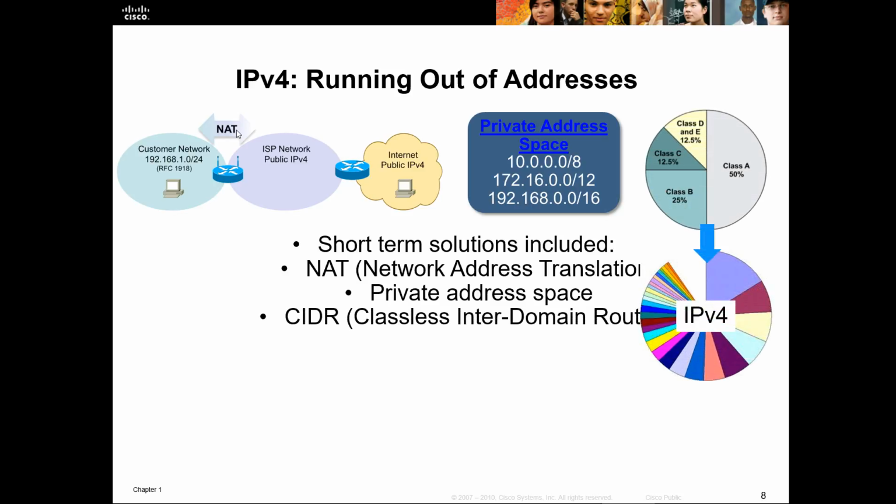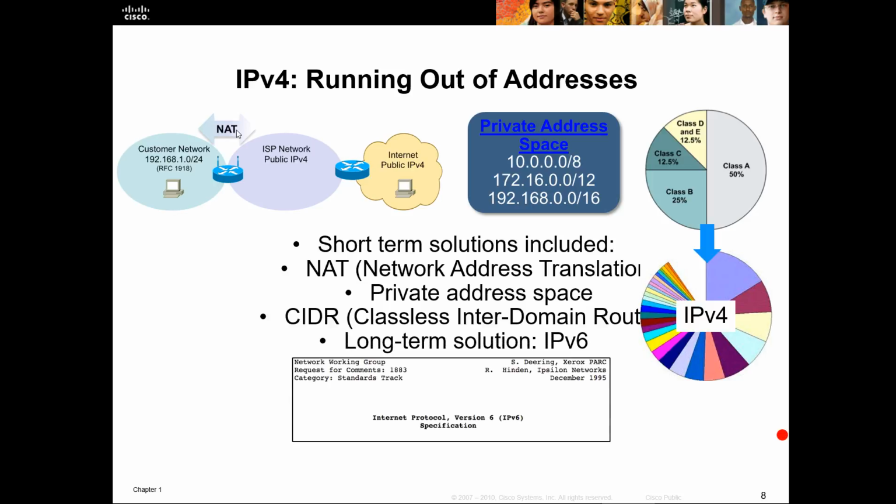We also got CIDR, classless interdomain routing. That took away our class A, class B, class C, and allowed us to subnet depending on our needs. And that began the start of IPv6.